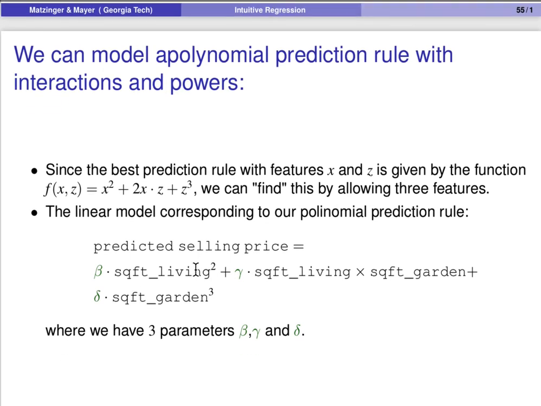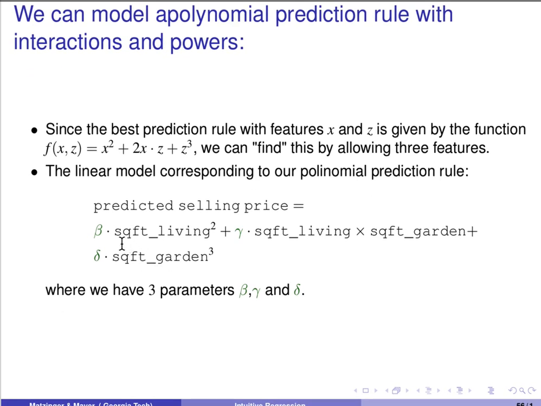That's not important, but the point is we can now write this as a linear prediction rule, provided we add to our data set the square foot living space squared, one column obtained by multiplying square foot living with square foot of garden, and then finally one column square foot garden to the power 3.